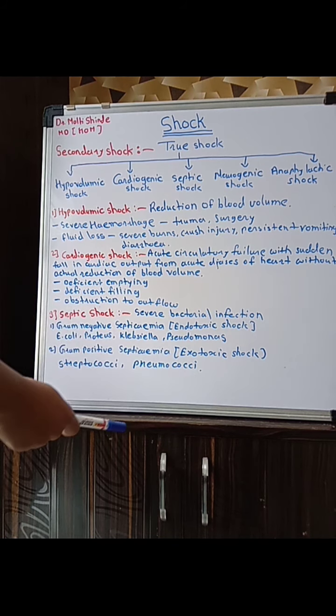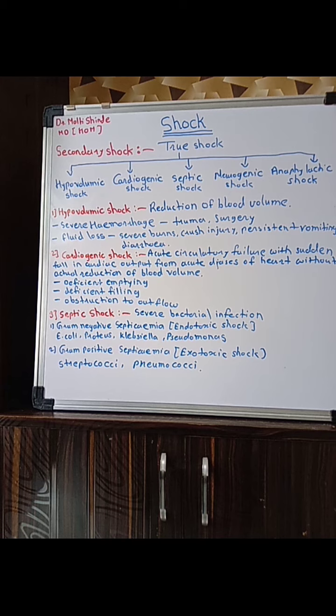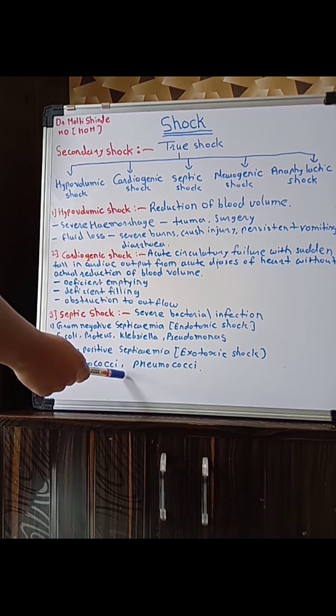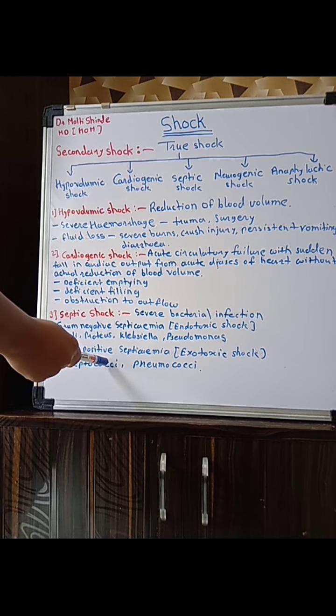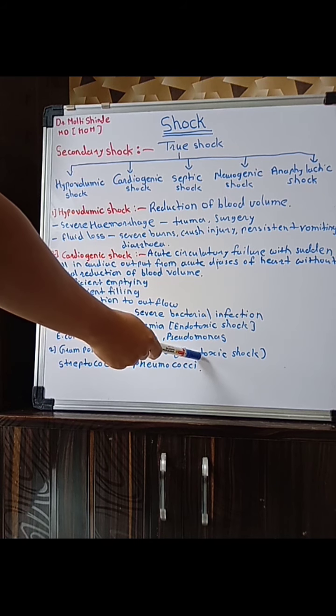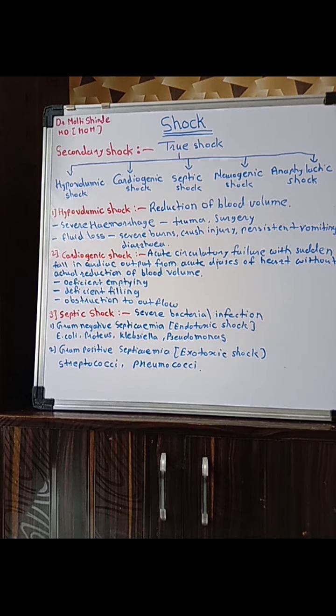Gram positive septicemia is also called exotoxic shock. Exotoxic shock means the bacteria are gram positive bacteria, such as streptococci and pneumococci. These are some of the examples. These gram positive bacteria secrete exotoxin, hence this is called exotoxic shock.